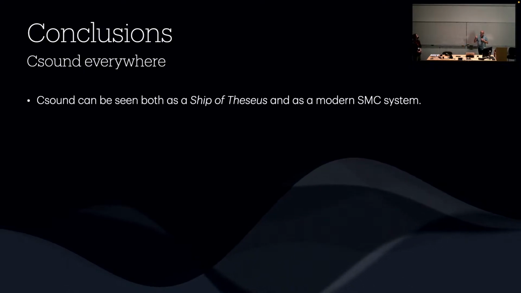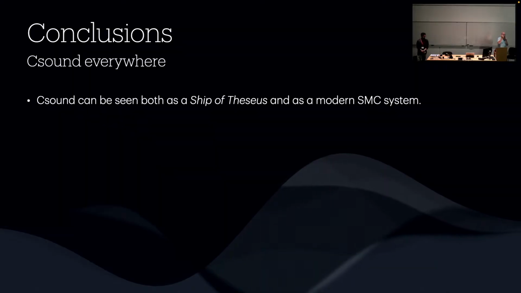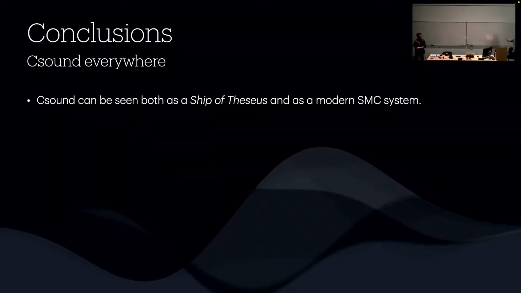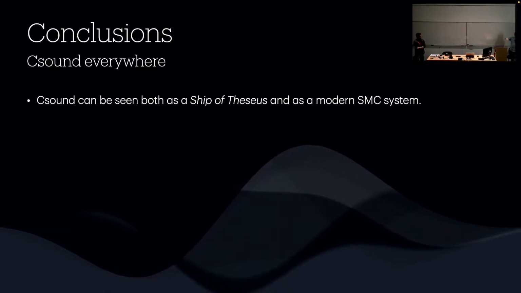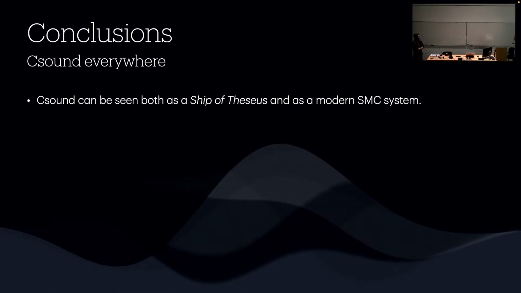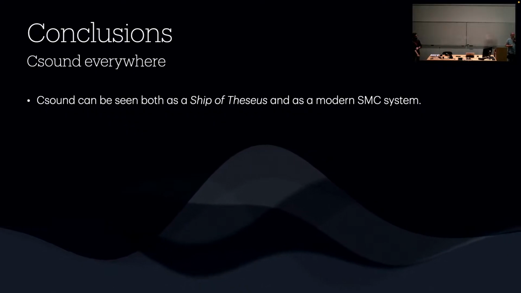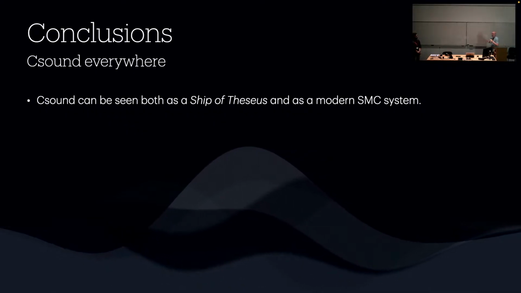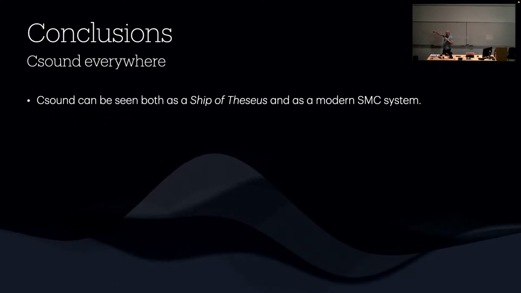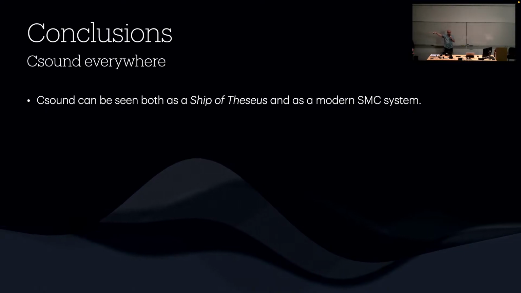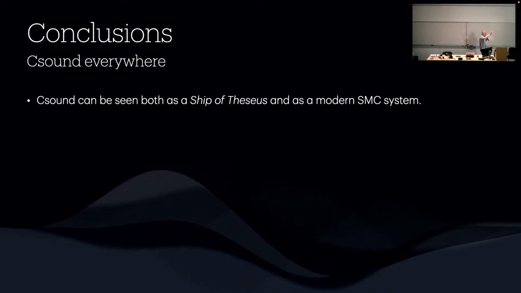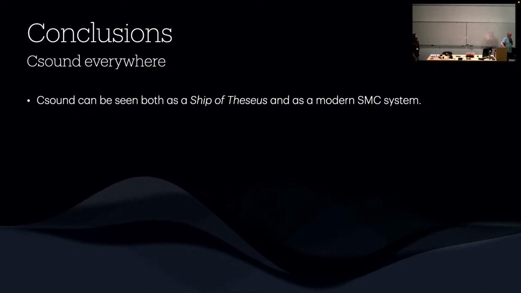One thing I want to make sure the message gets across, even more than the message about the stuff that we're doing, is that Csound has to be understood as two things, both as a ship of Theseus, which is the software that was released right back in '88, and even Music 11 and Music 360 stuff can be run on Csound.